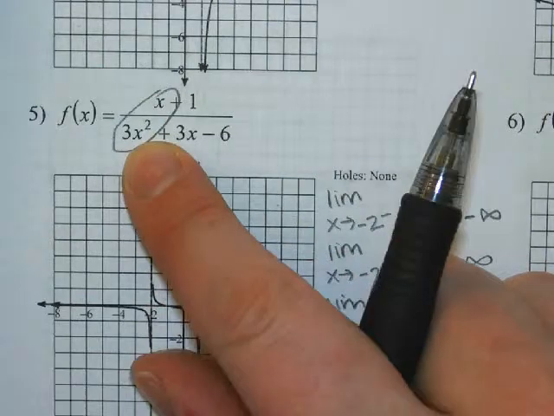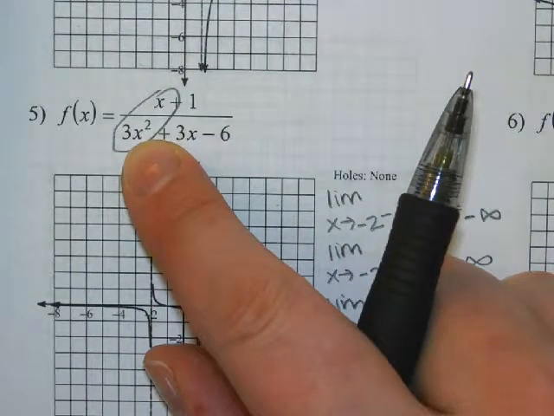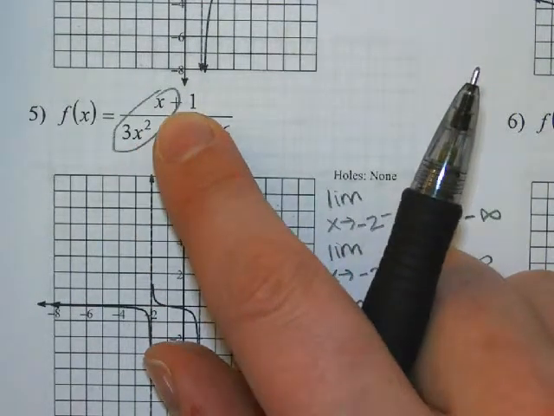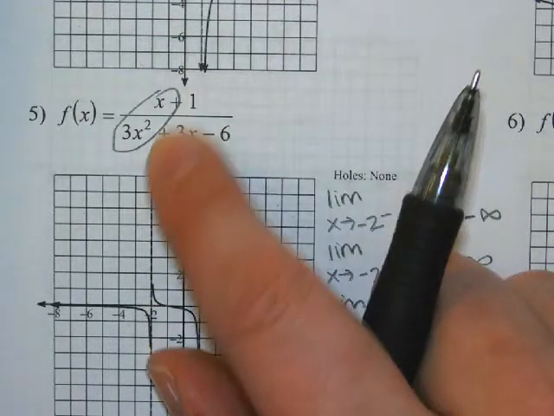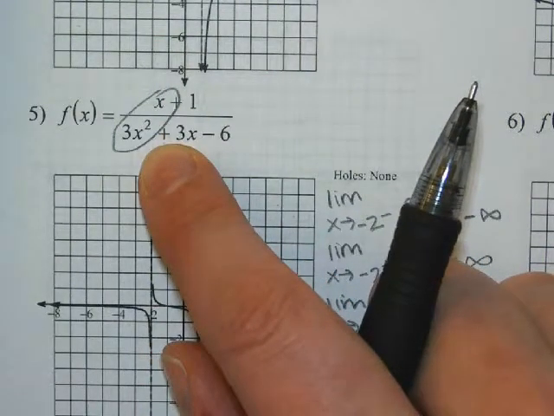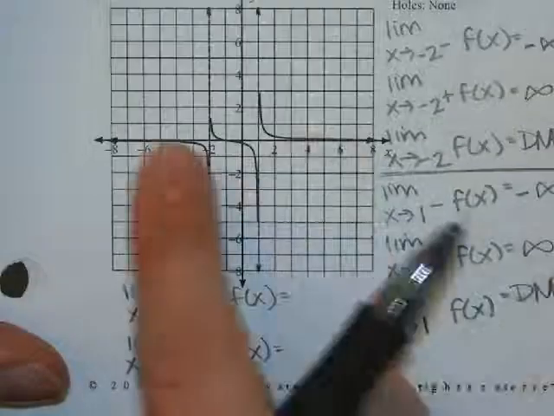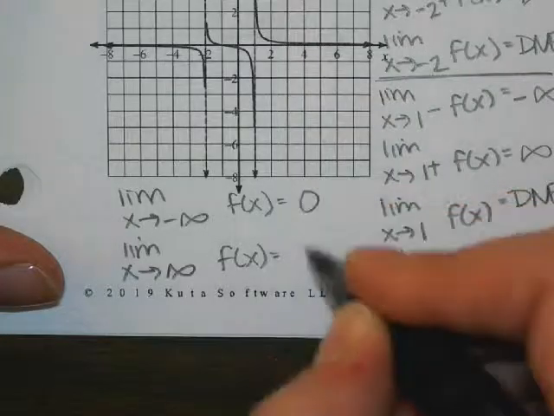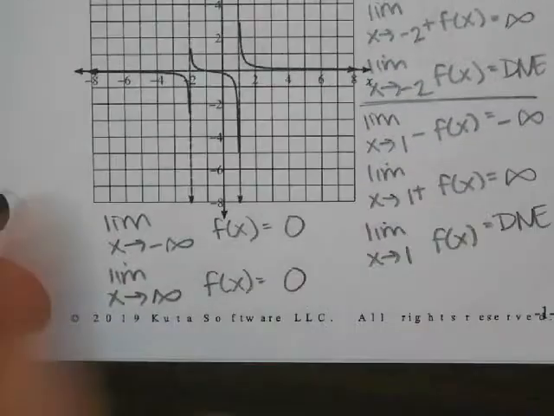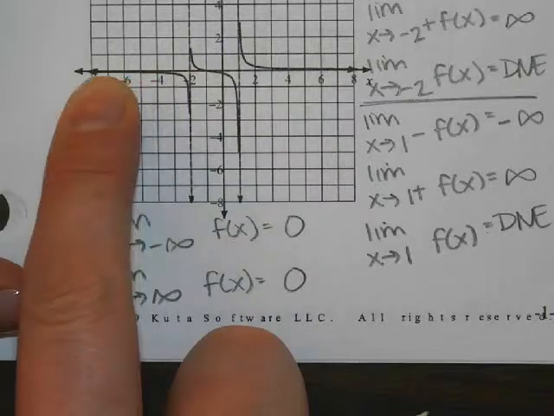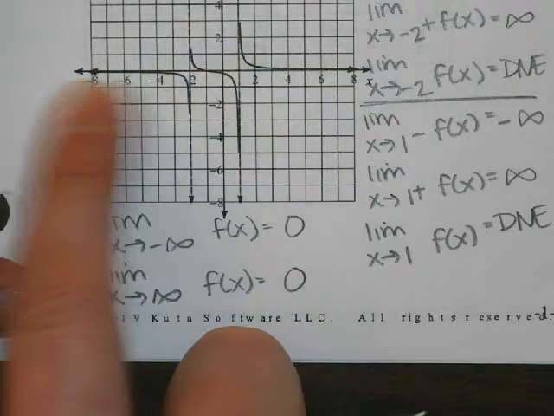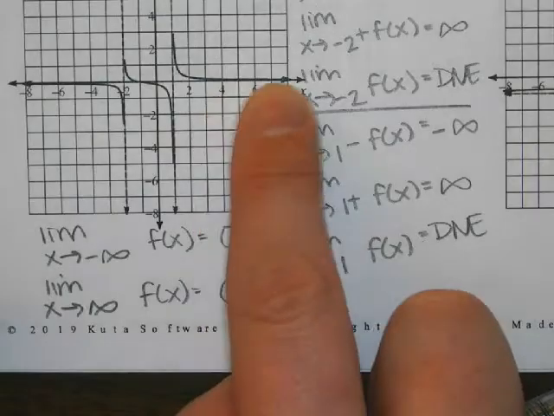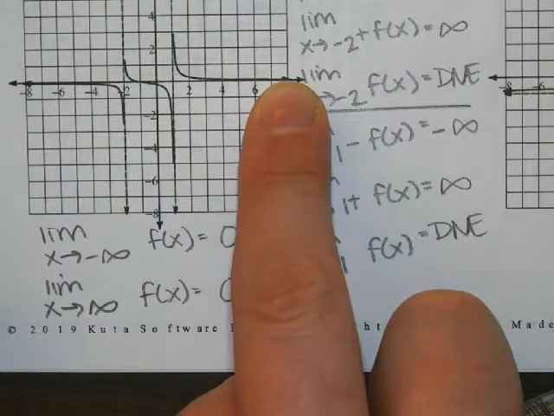The degree on the bottom is a 2. So the asymptote is always at 0 if the degree on the top is smaller than the degree on the bottom. So this one has a horizontal asymptote at 0, and so my limit is 0 and 0. As you follow the graph left forever, it's getting close to a y value of 0. As you follow the graph to the right forever, it's getting close to a y value of 0.